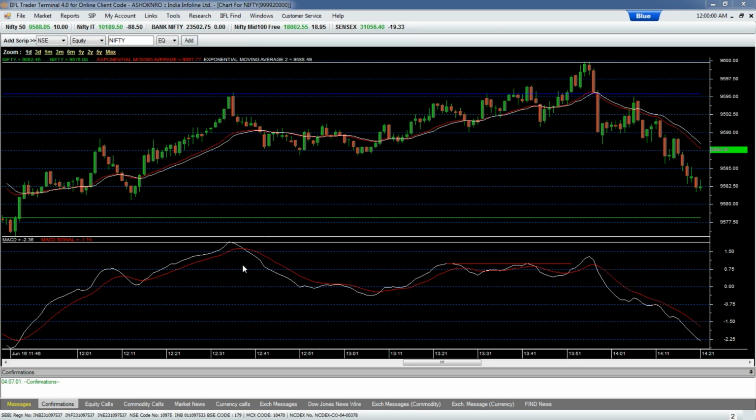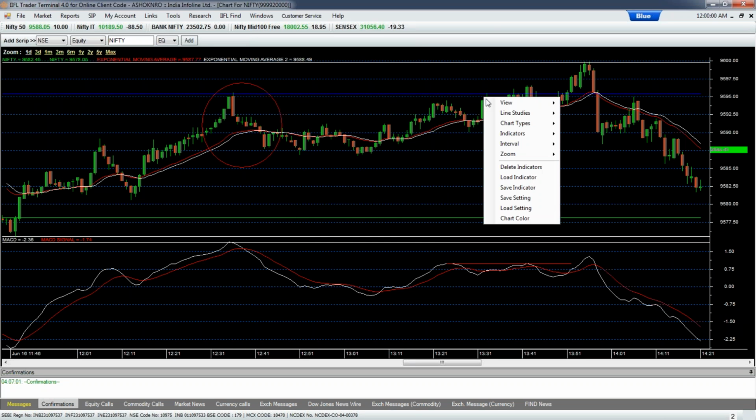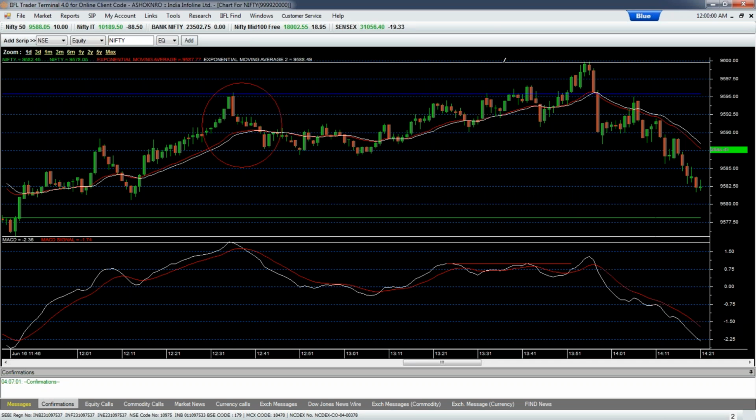Okay, so over here look at this one, it is higher, however it is not higher than this. Let us draw an ellipse here.